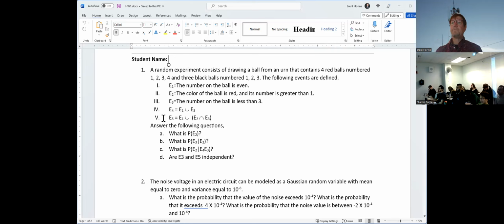So I think the easiest way of doing this is looking at these individual events that can occur out of this space.